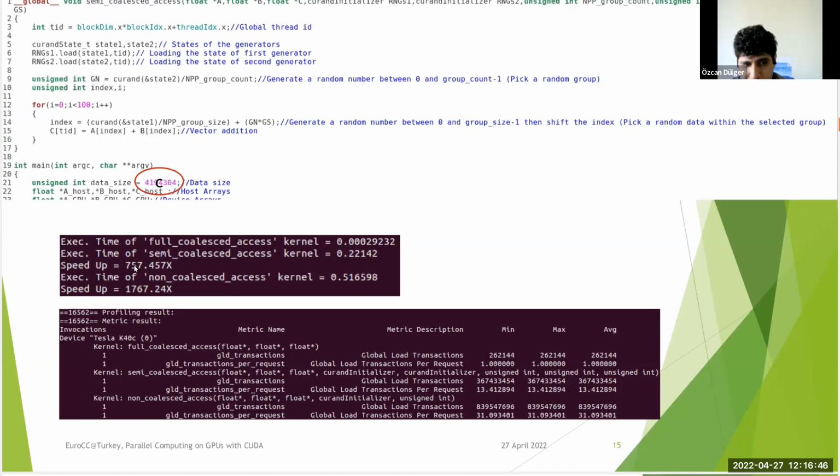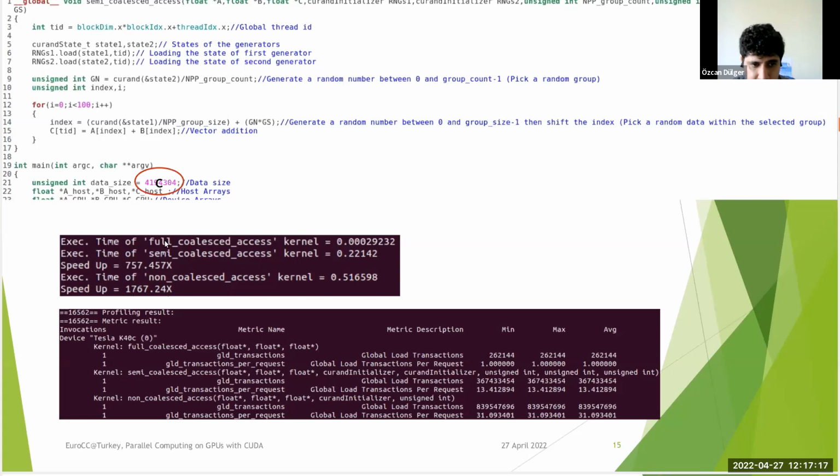Of course, this speed up is the speed up of full coalesced access. This is the proper comment on the result. So this speed up is the speed up of full coalesced access over semi-coalesced access, and this result is the speed up of full coalesced access over non-coalesced access.